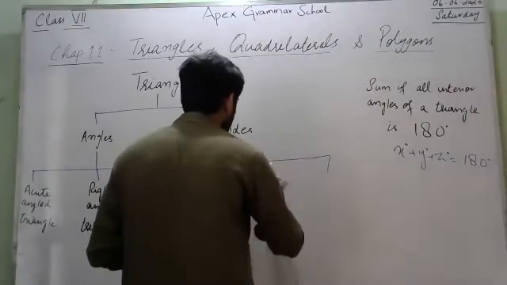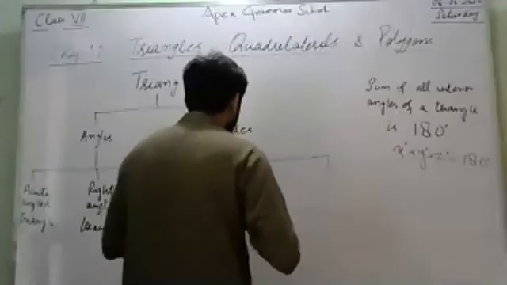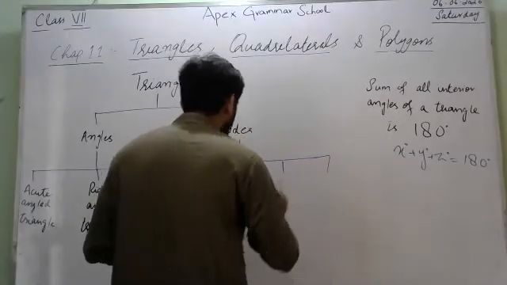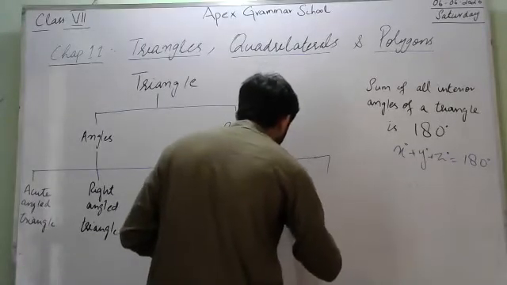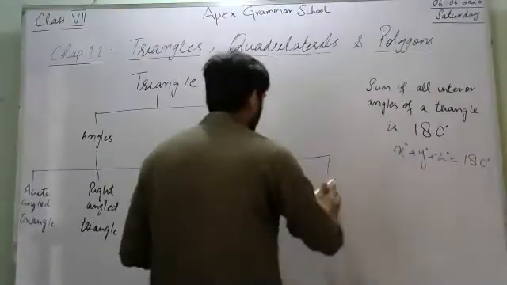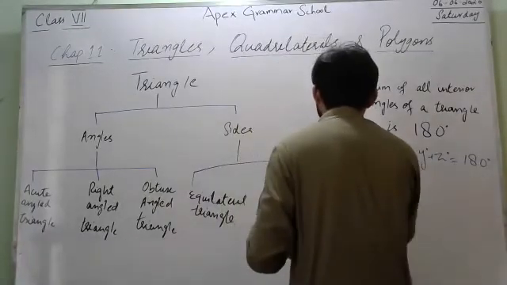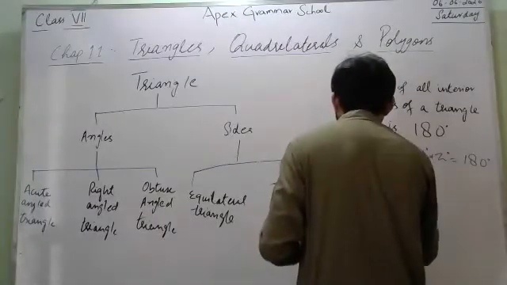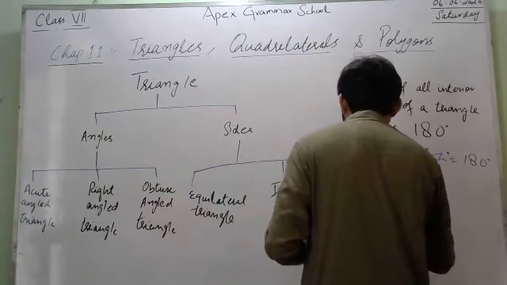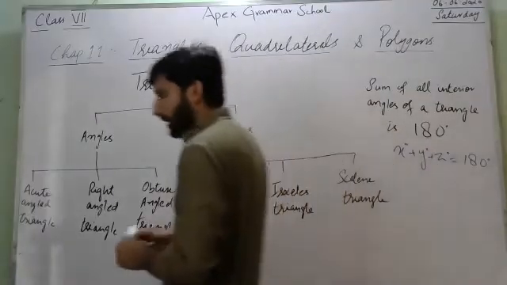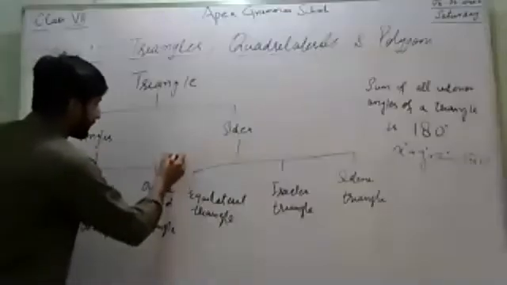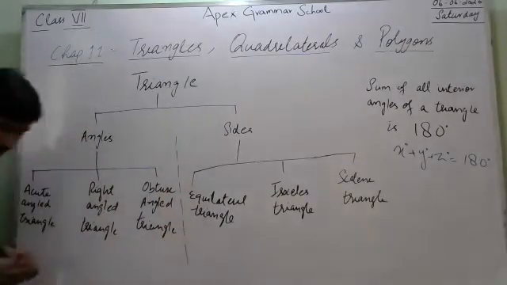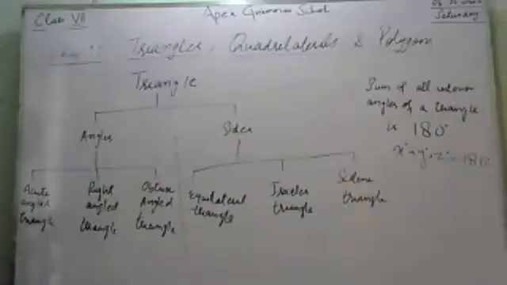Then number two is isosceles triangle. And number three is scalene triangle. These are the 6 types of triangle. 3 of them are on the basis of its sides and 3 of them are on the basis of its angles.